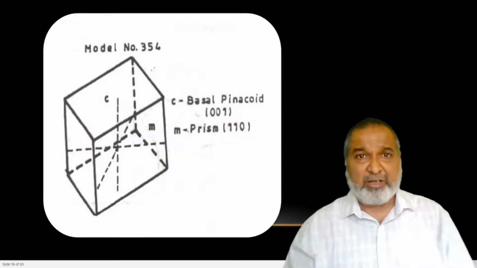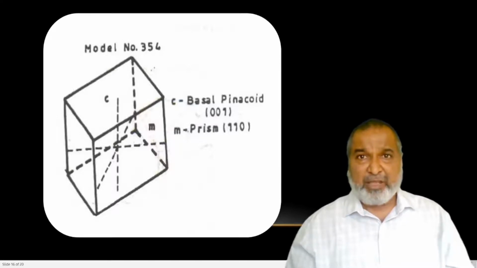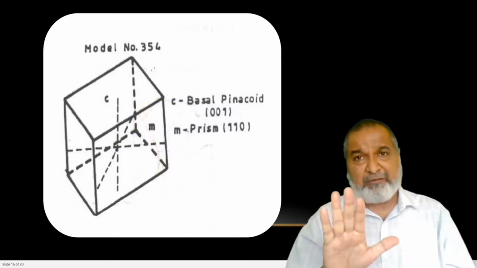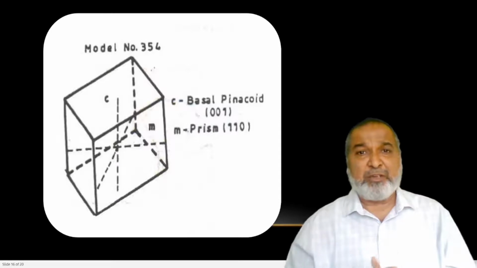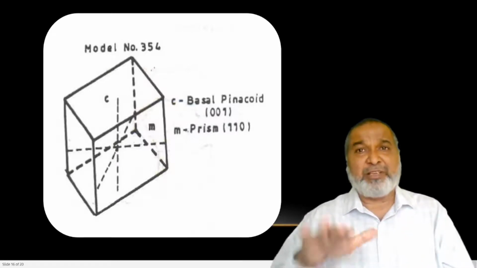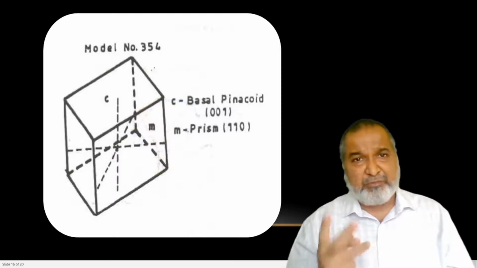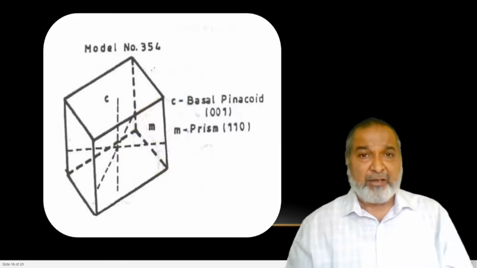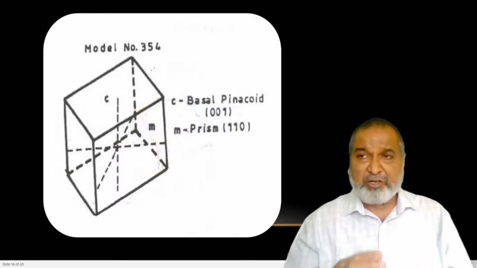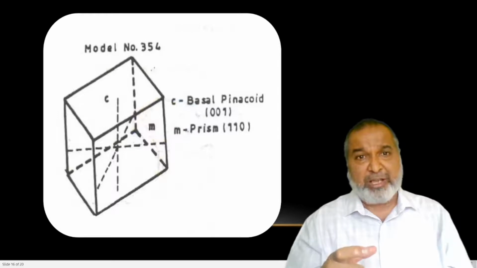Come to the next one, model number 3, with exactly the same holding position. Once you hold this one with the inclined face towards you, it gives you the idea. Here we have four vertical faces, and there is another pair, top and bottom. So in this we are going to get only two forms. You can see the axes pass from edge to edge.